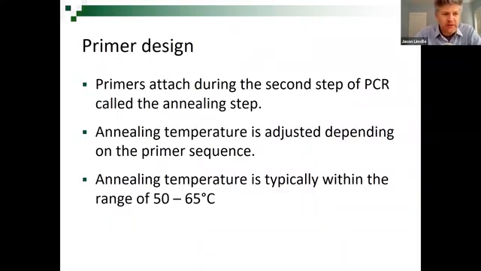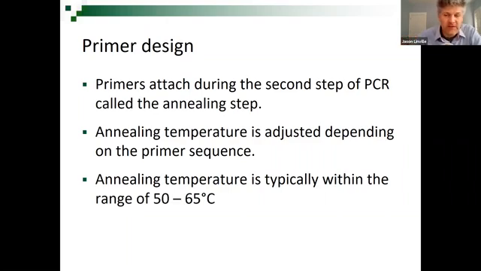When you are designing or ordering these primers, the other thing I want you to understand is that when we describe the three temperatures of a PCR reaction, we talk about 94, where the DNA splits apart, the annealing temperature we set around 60 degrees, and then elongation at 72. I do want you to understand that the annealing temperature, which is where the primers attach, is different depending on the sequence of a primer.